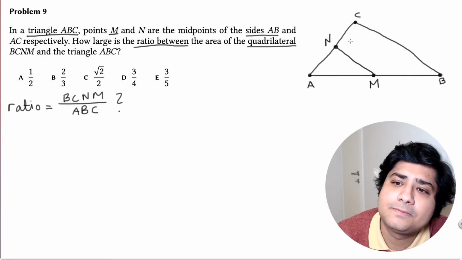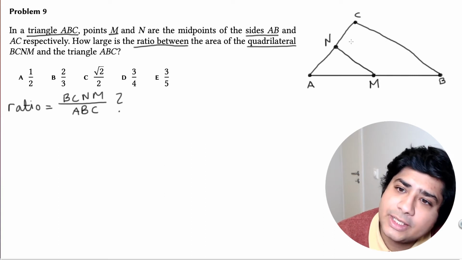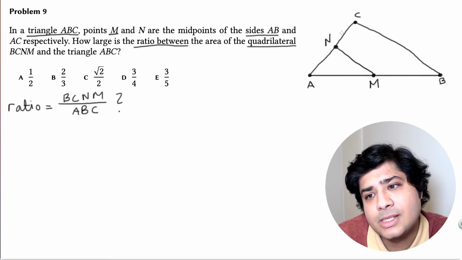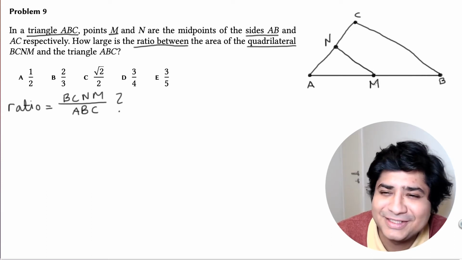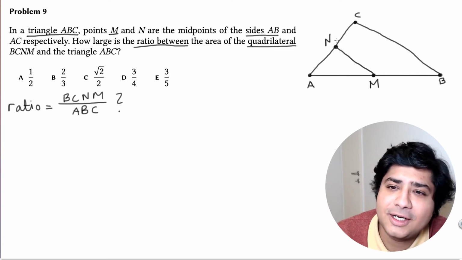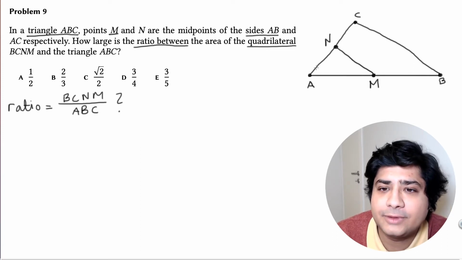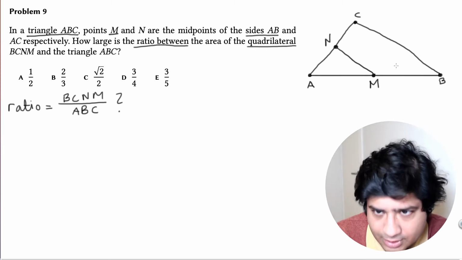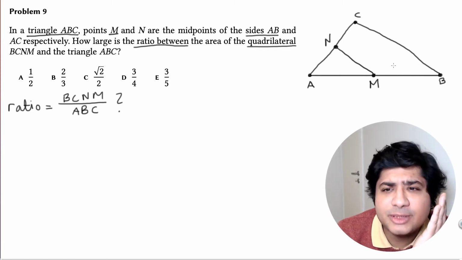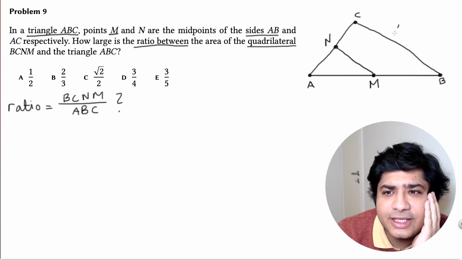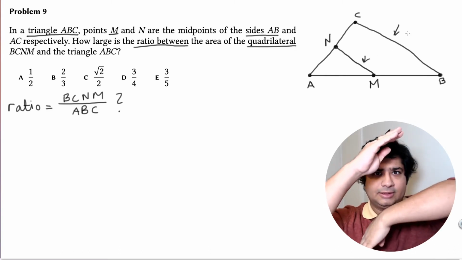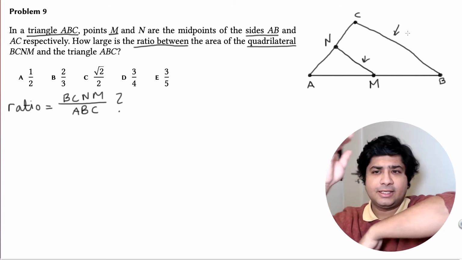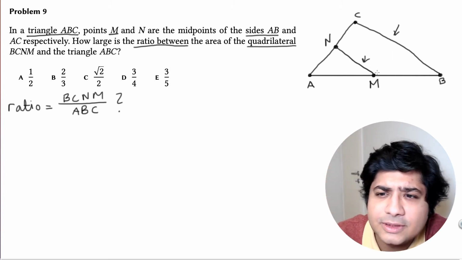Well, the first thing I'm seeing here is that the points M and N are exactly at the middle of AB and AC, which leads me to believe that this side and this side are parallel, right? Parallel lines like this. Is that so? Let's see.